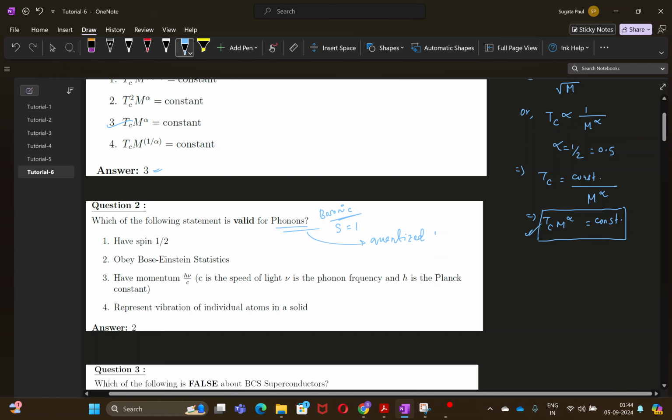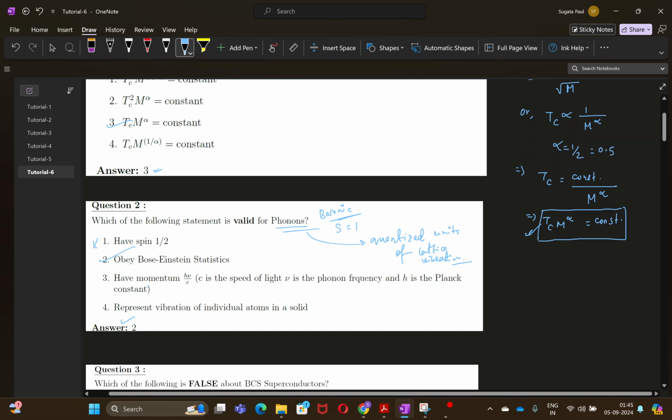Quantized units of lattice vibration is called a phonon, and it is a bosonic particle, so its spin is not half, so the first statement is not true. Second is that it obeys Bose-Einstein statistics. Obviously it is true, so this is right.